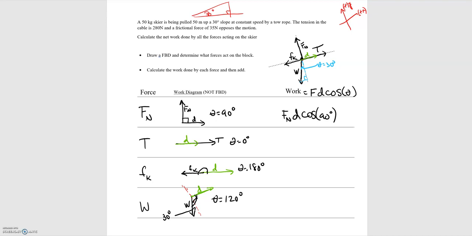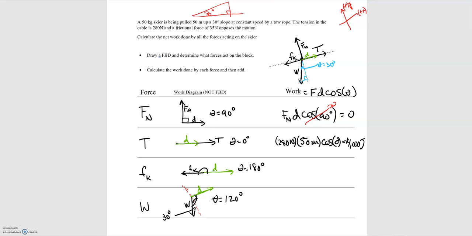We know that cosine of 90 degrees is just 0. So the work done by the normal force is 0. For tension, we have tension's 280 newtons multiplied by 50 meters times the cosine of the angle between them, which is 0. Cosine of 0 degrees is just 1. So we end up with 14,000 newton meters or joules.